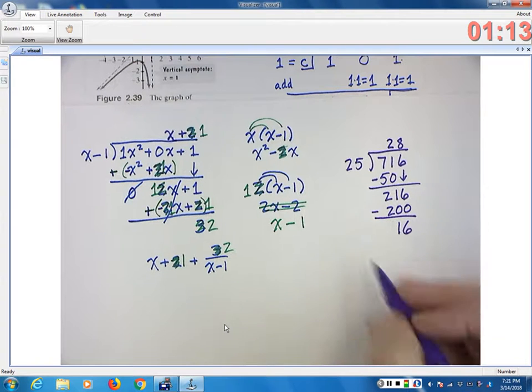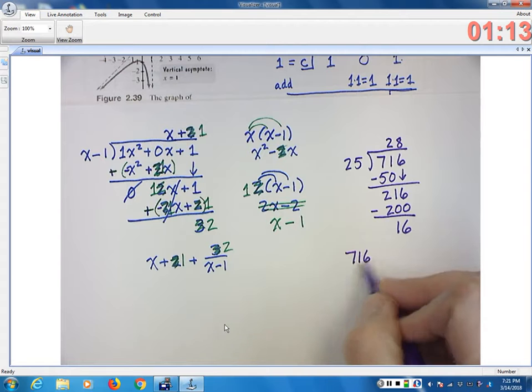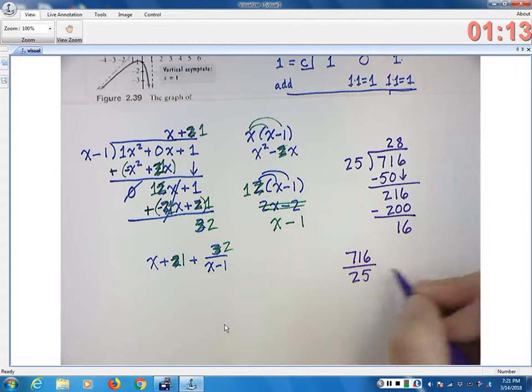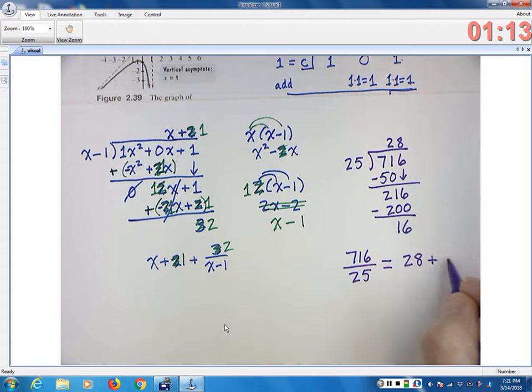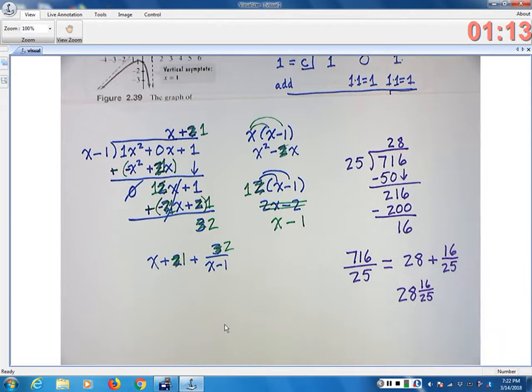So that means that 716 divided by 25 equals 28 plus 16 over 25. Or a mixed number, 28 and 16 25ths. And that's how you do long division.